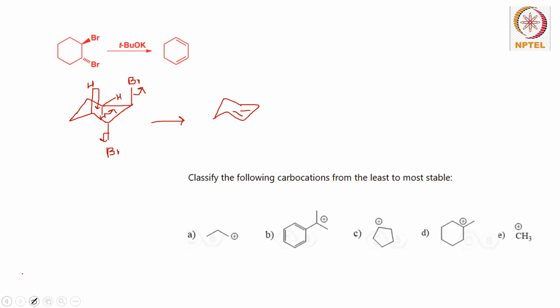The next question: arrange the following carbocations from least to most stable. Which of the carbocations is least to most stable?